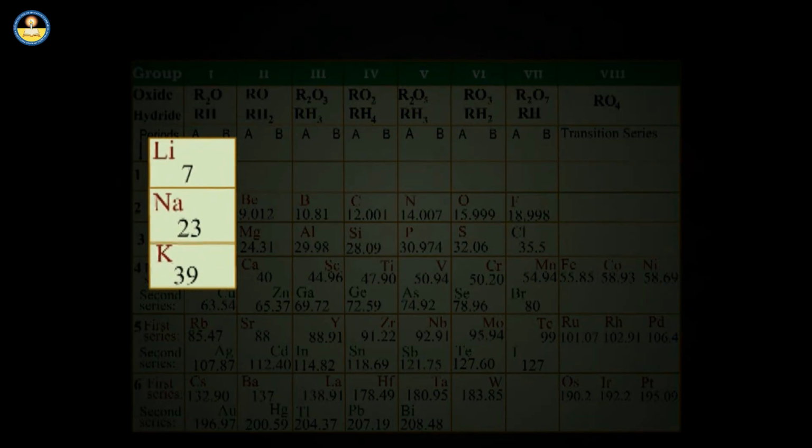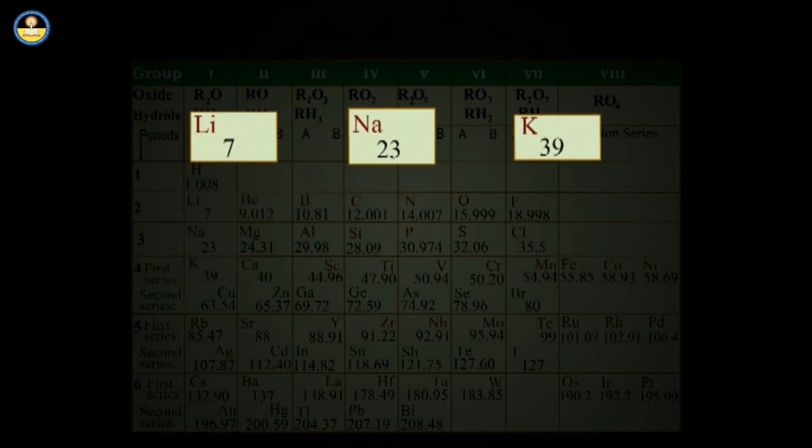Let us take 3 elements, lithium, sodium, and potassium, that created a Dobereiner triad. The atomic masses of these 3 elements are 7, 23, and 39 respectively.